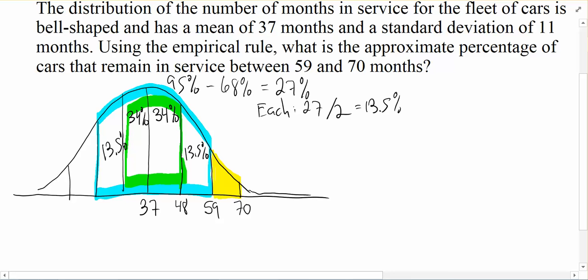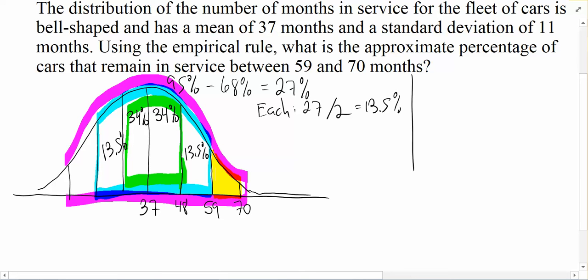But now we can go out to the third one. So if I go out to the third one, I've got to find a different color here. If I go out to the third one, then within this purple, I know is 99.7.